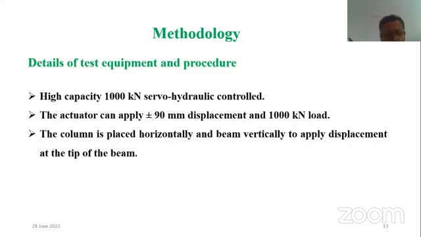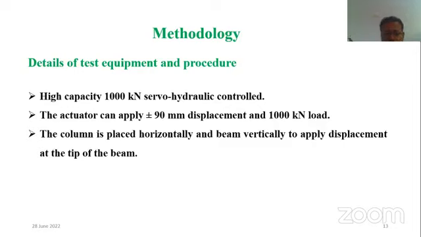Next, the details of the test specimen we have already explained in the figure. Also, we can see here the high capacity 1000 kilonewton servo hydraulic actuator is used in this experiment. The actuator can apply 90 mm displacement in both positive and negative directions.